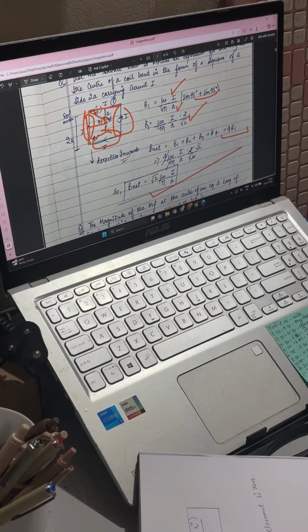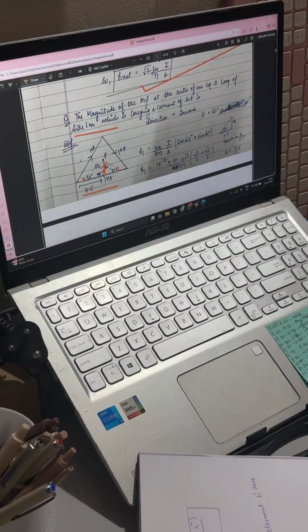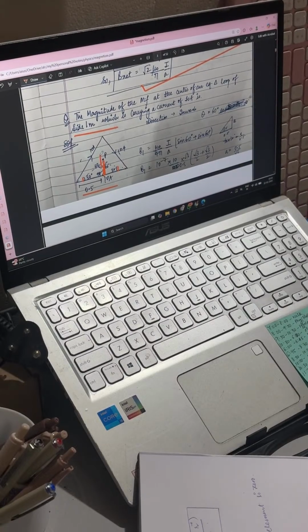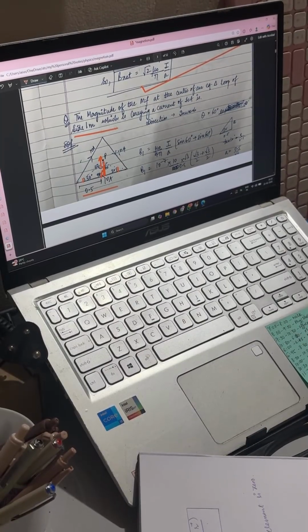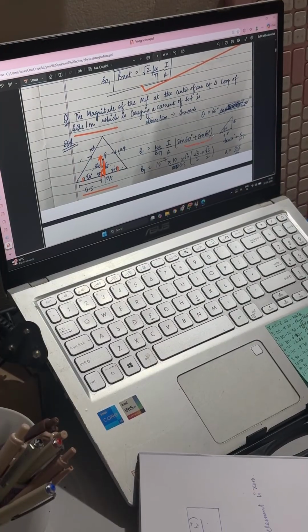Not from here. Here, if you see, we need to find theta 1. We know this is 90, and this is 30. So what will be this angle? 60. Remember this point because I forgot. That's why you get theta 1 and theta 2 as 60 degrees.